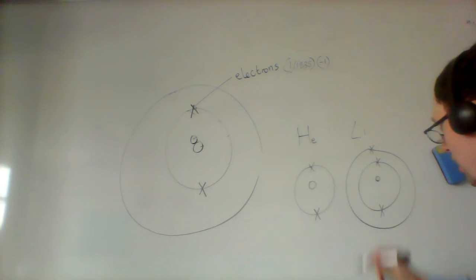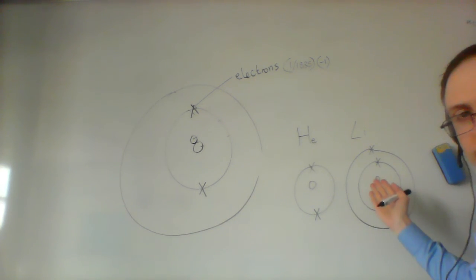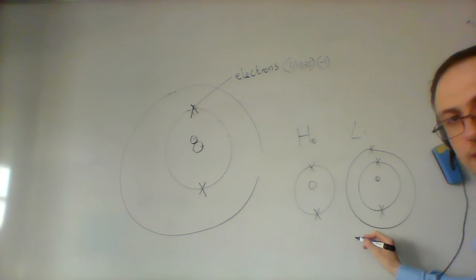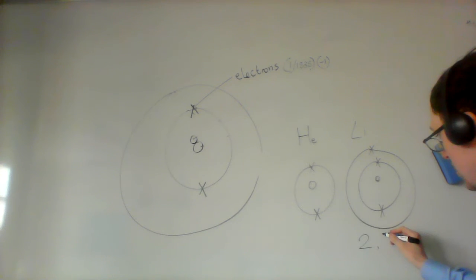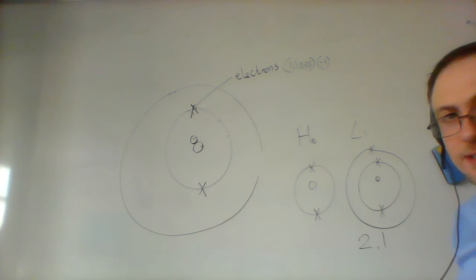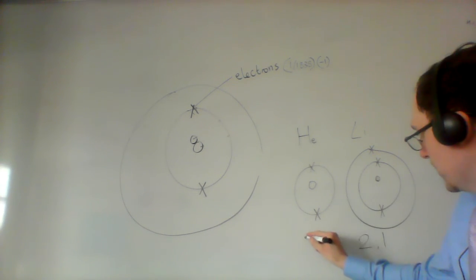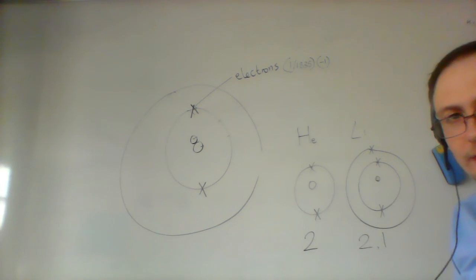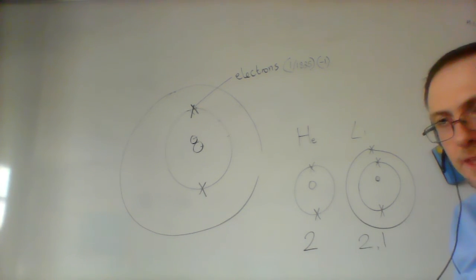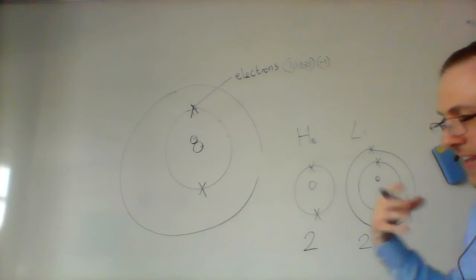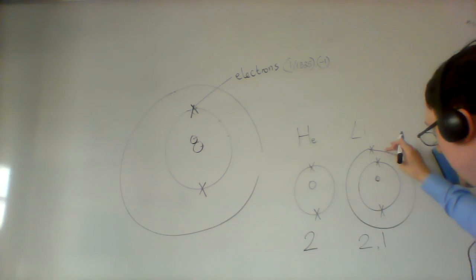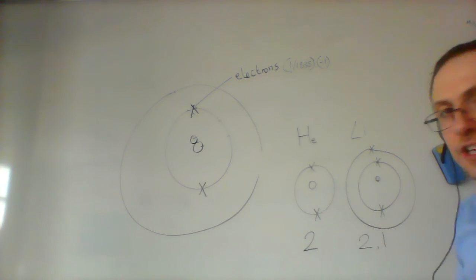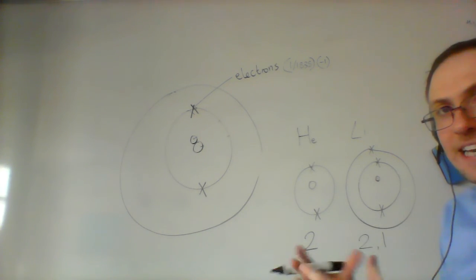So for its electronic arrangement, you can draw it like this. Sometimes they draw it, or they write it like this: 2 in the first shell, 1 in the next. For helium, I would just put in 2 like that. Okay? Now, every time I have an extra electron for a different element, I have to add them in the same shell until that shell has completely filled up.